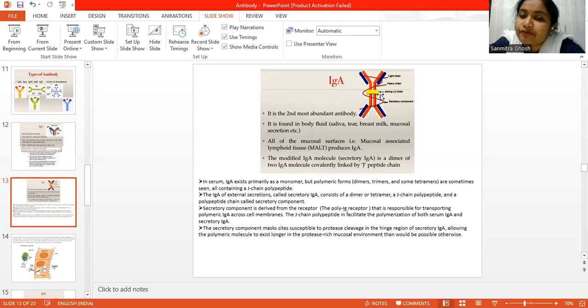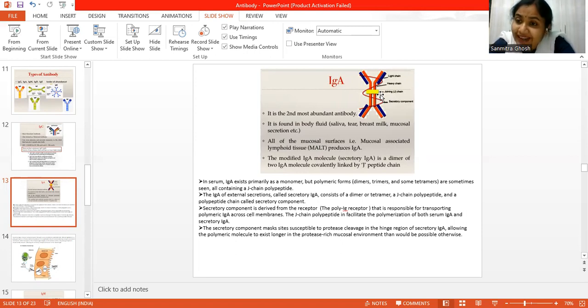Because as I have mentioned before, from all the mucosal surfaces, this IgA can be secreted. And since in the mucous environment, a huge amount of protease activity is observed, any kind of protease that is coming can cleave at the particular recognition site in the hinge region. And if the antibody gets cleaved off, then there is no chance of secretion of this antibody in the external secretion.